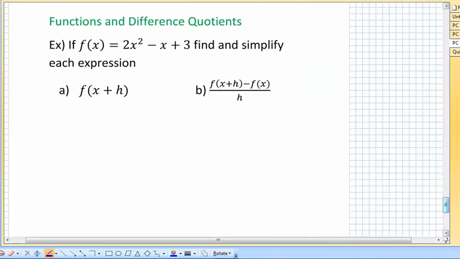The last actual concept is a difference quotient. And basically here what we're going to do is, first of all, find f of x plus h. That means to take the x plus h and substitute it in for x. So everywhere I see an x, I'm going to put an x plus h. So I FOIL.